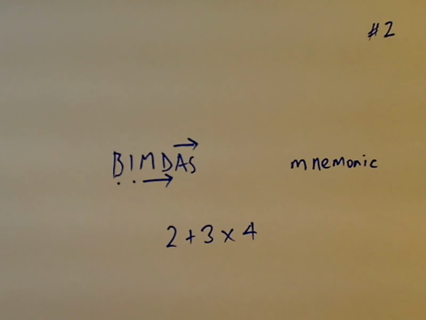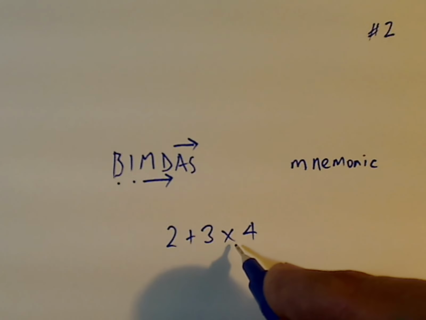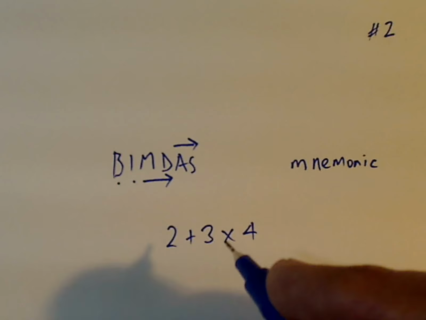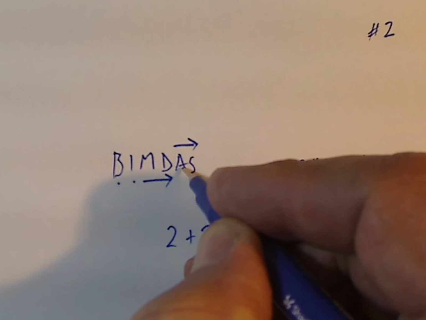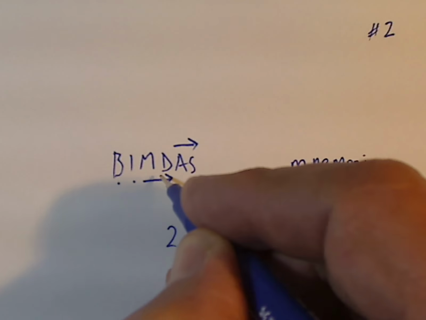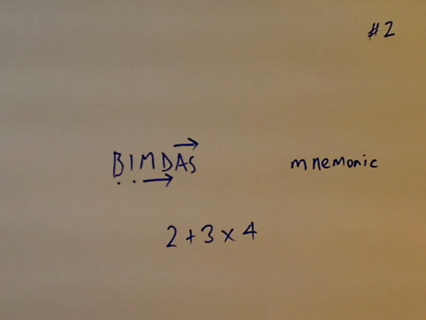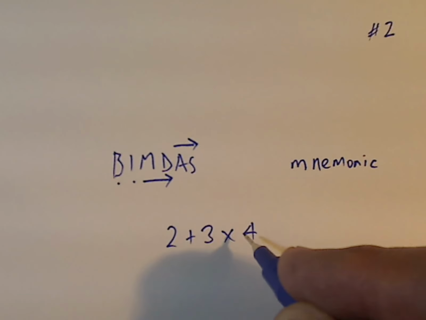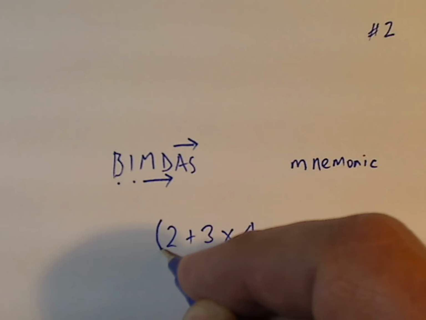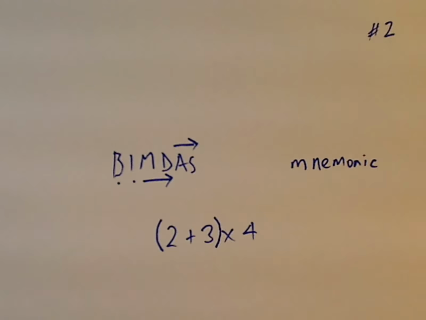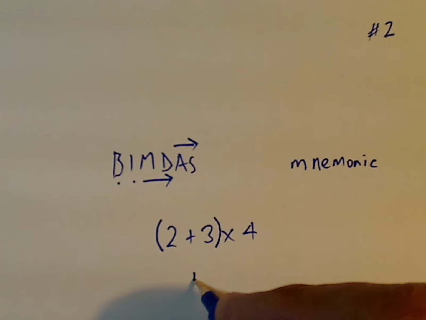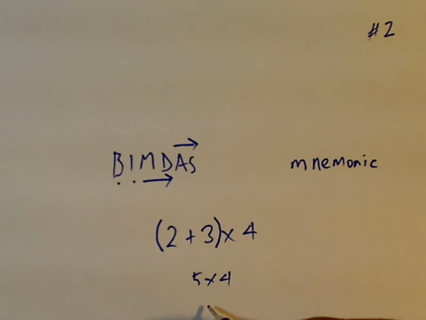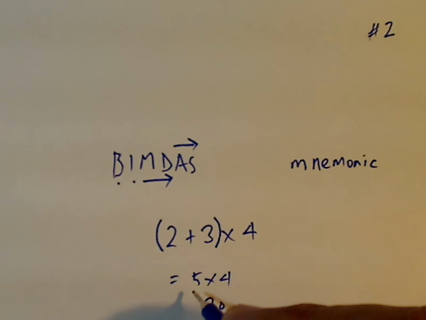Now the brackets I'm sure you're most likely familiar with. For example, the word is telling us here that the addition should come after the multiplication because it's further along in the word BIMDAS. But if we wanted someone to do that operation before that operation, we would put in brackets: 2 plus 3, in brackets, times 4, which would be 5 times 4, which would be 20.